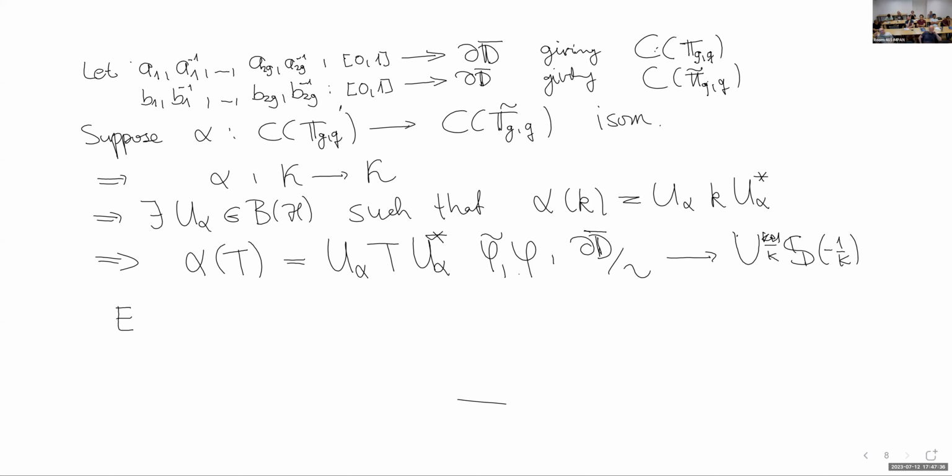Well, that doesn't matter. I identify the circles and I find a generator, and I can always map these generators with unitaries to a generator of my algebra.